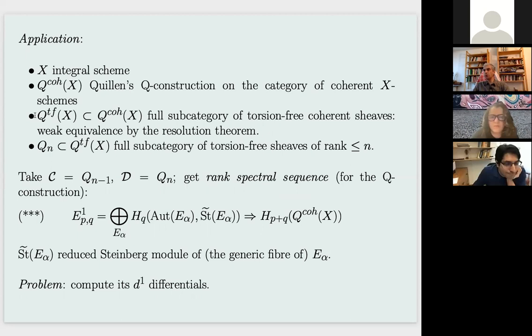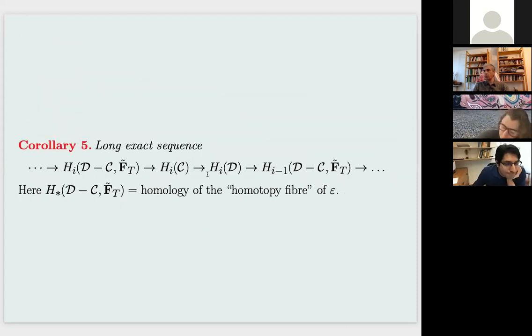So I'm going to work with the torsion-free category. Inside, I take as before Q_n as the full subcategory of torsion-free sheaves of rank at most n. Then in the above, I take C equals Q_{n-1} and D equals Q_n. So this is Q_{n-1}, this is Q_n, and I have the third term.